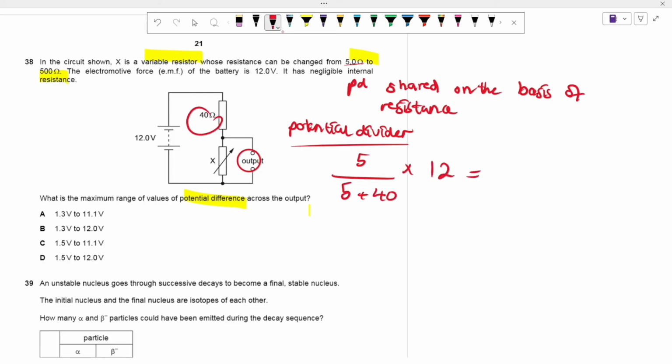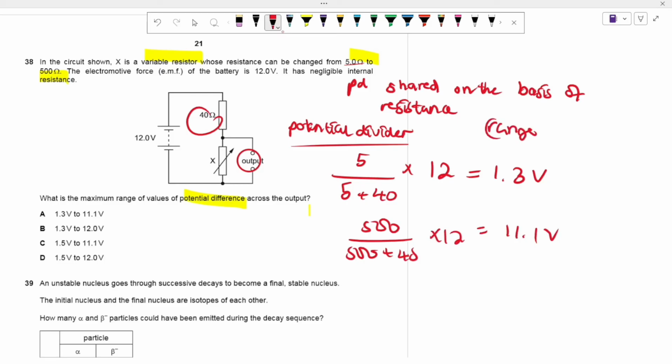That means the 5 will get 1.3 volts. Then when we have 500, it's 500 divided by 500 plus 40, times 12. 500 is going to be stingy, and it's going to get 11.1 volts. So the range of what I get will be from 11.1 to 1.3 volts. So the correct answer has to be A.